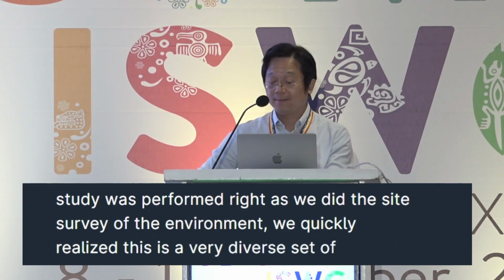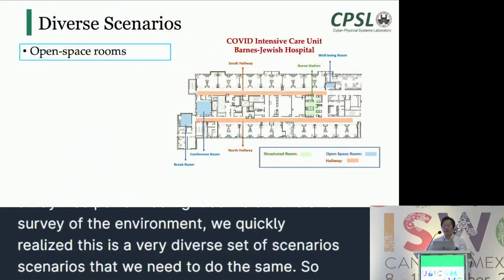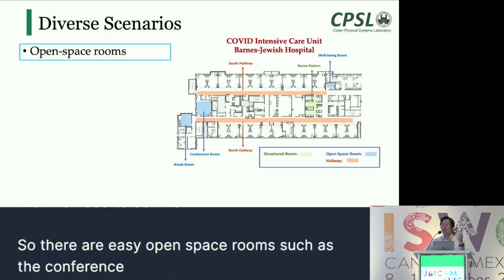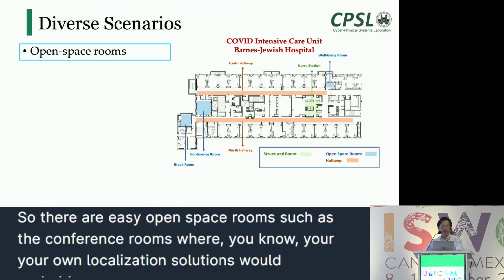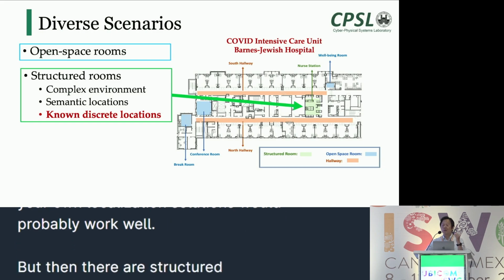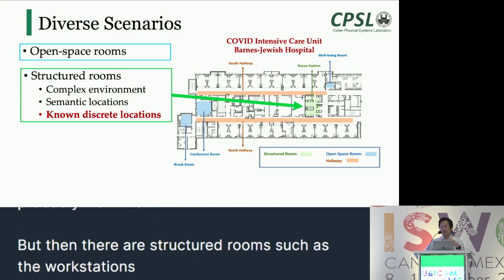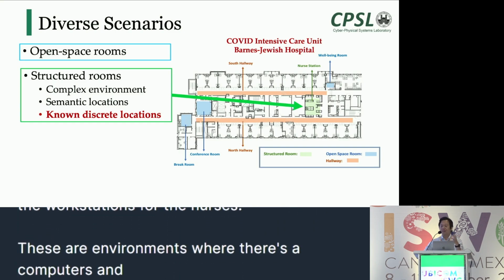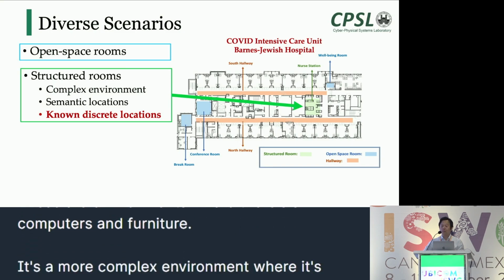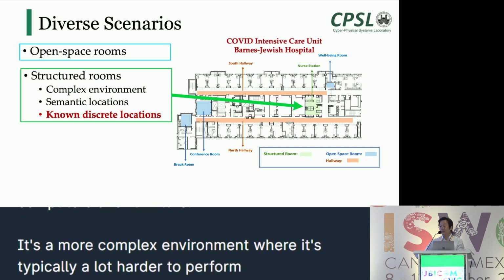There are easy, open-space rooms, such as the conference rooms, where your typical localization solutions would probably work well. But then there are structured rooms, such as the workstations for the nurses. These are environments with a lot of computers and furniture. It's a more complex environment where it's typically a lot harder to perform accurate localization.